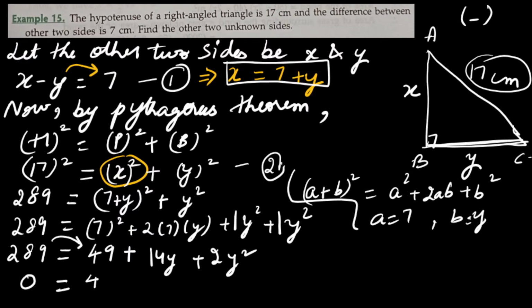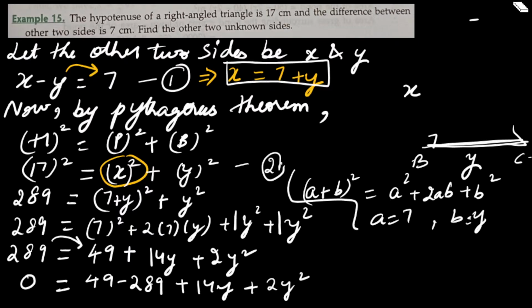So here what do I have? 49. 289 is like 49, so I'm just writing here minus 289, then plus 14y plus 2y square. So what is 49 minus 289?